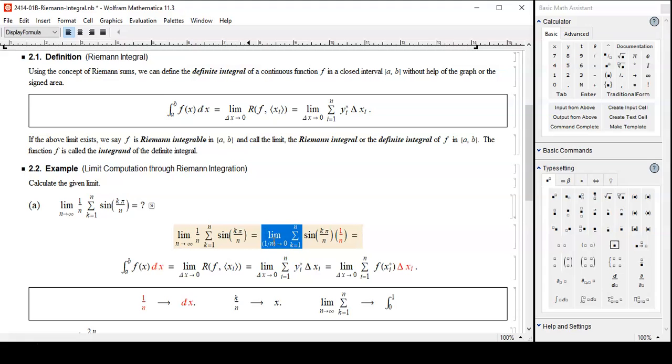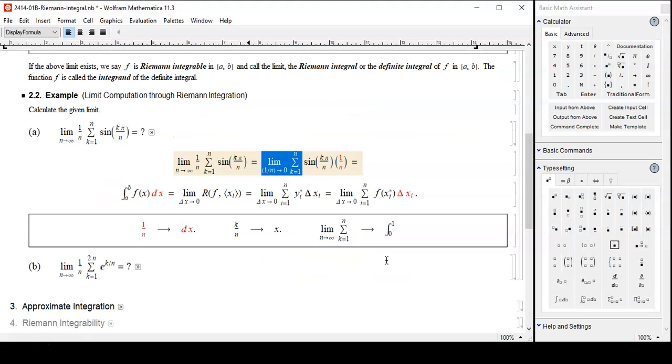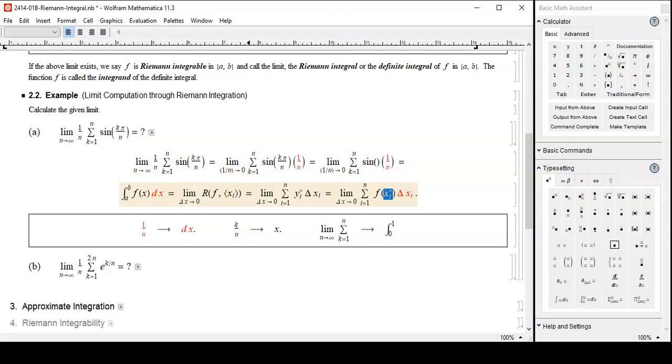Now, how about the summation part? Let's work on the summation part a little bit later. And this part is the function part, f of xk star part.